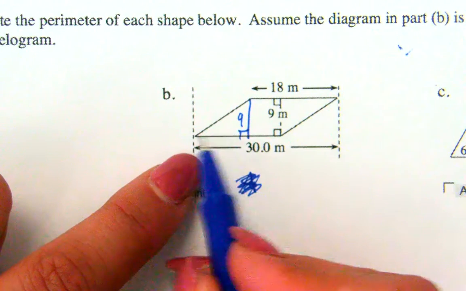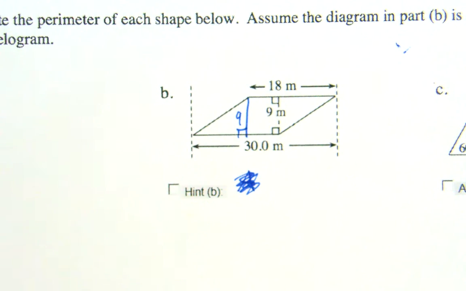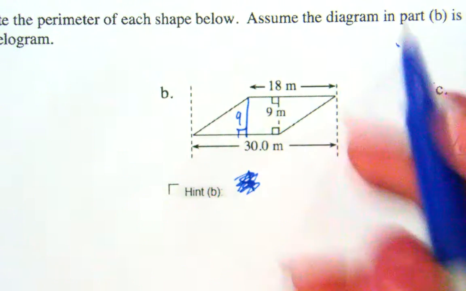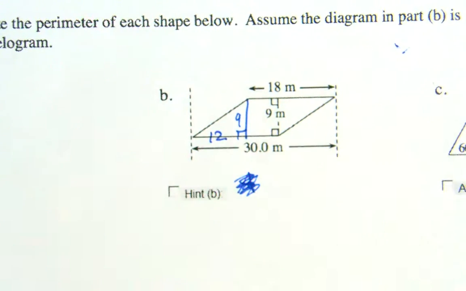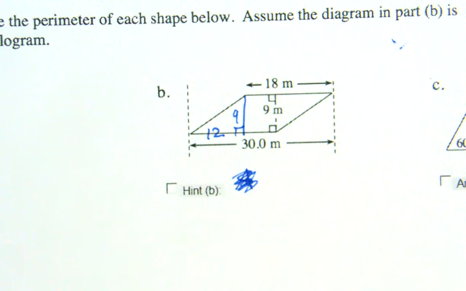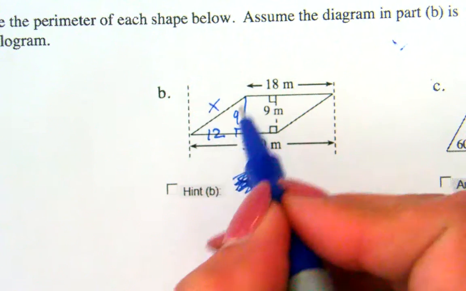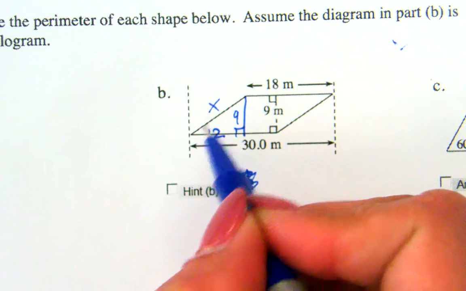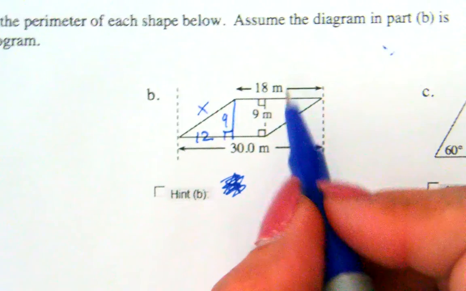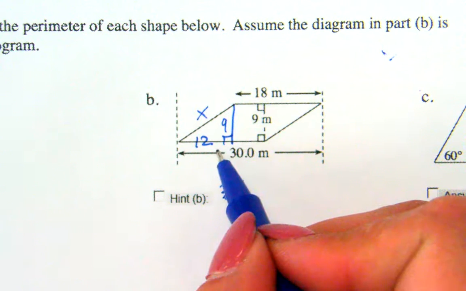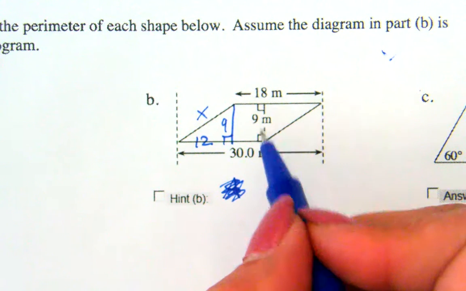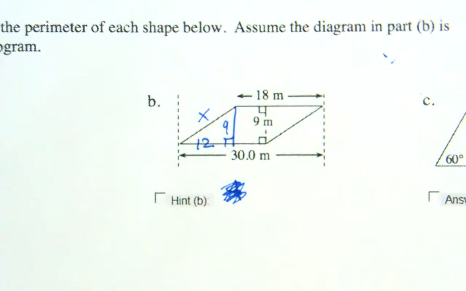That's 18. So that means this part is 30 minus 18. 30 minus 18. Okay, so that's 12. And then find x, right? It's just the right triangle in this part, so that should be good to go. This part is 18. That's 9. That's x.